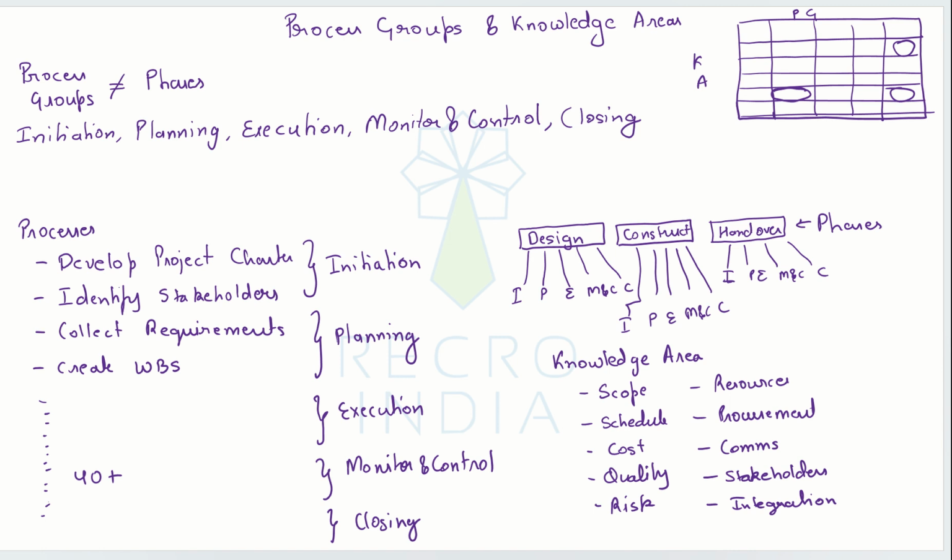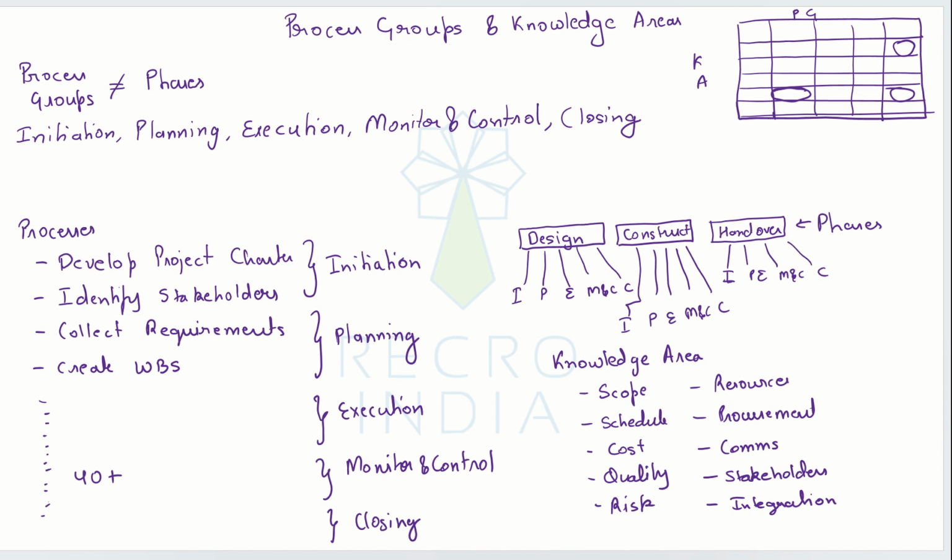And process groups are different groups of processes that help us to convert inputs into outputs, so that we can manage our project effectively. There may be a process for a specific section, there may not be a process. That's perfectly fine. But all knowledge areas have to be considered in all the 5 process groups.